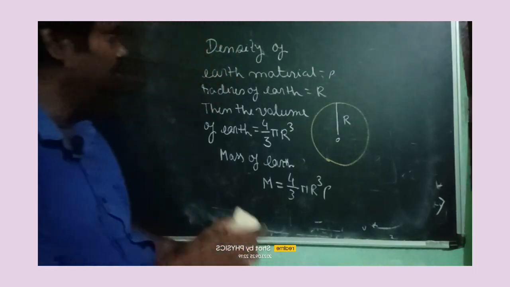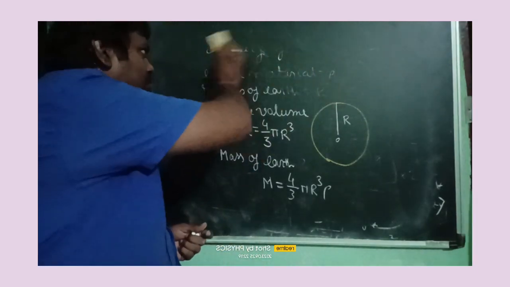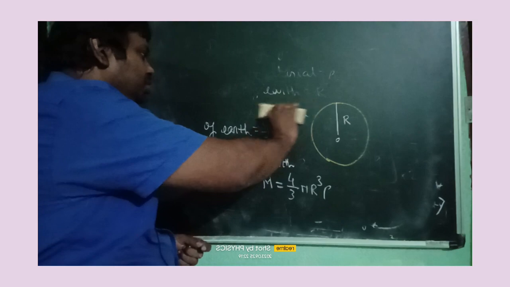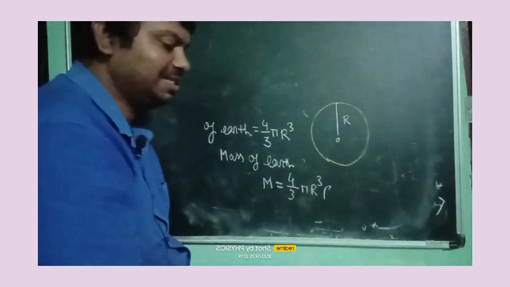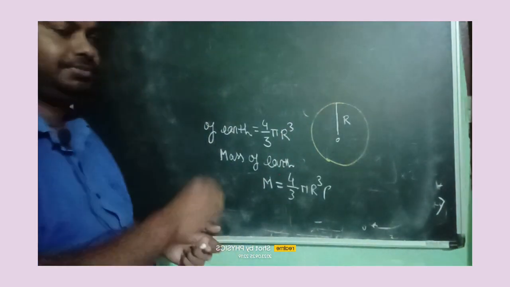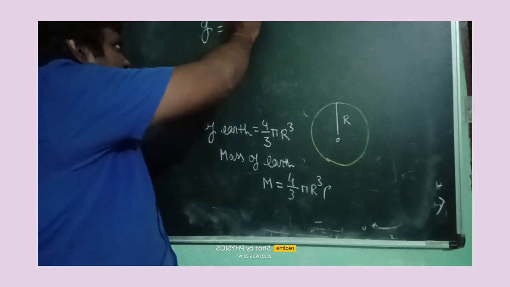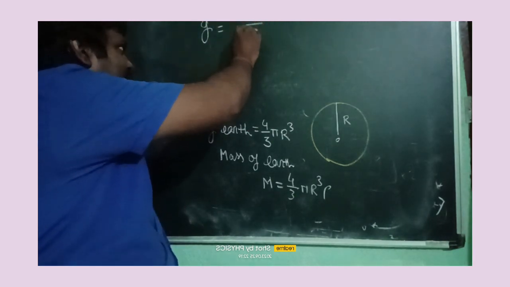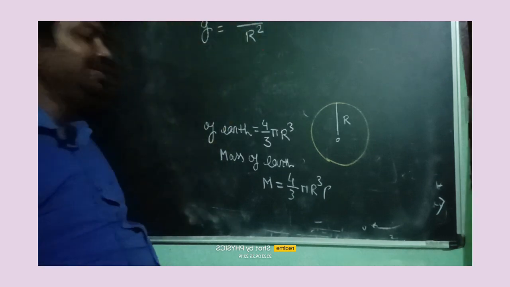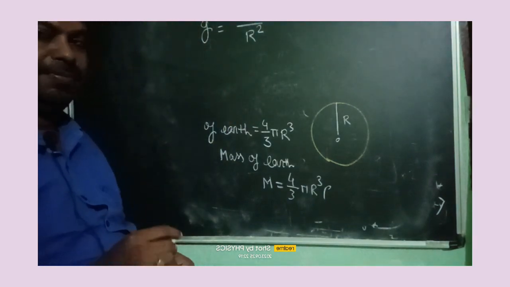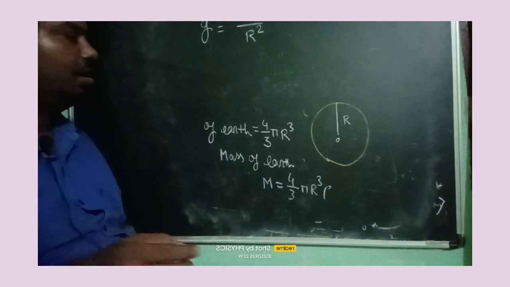Now we already know the expression of acceleration due to gravity, that is small g is equal to GM by R square. What is capital M? Capital M is the mass of the Earth.